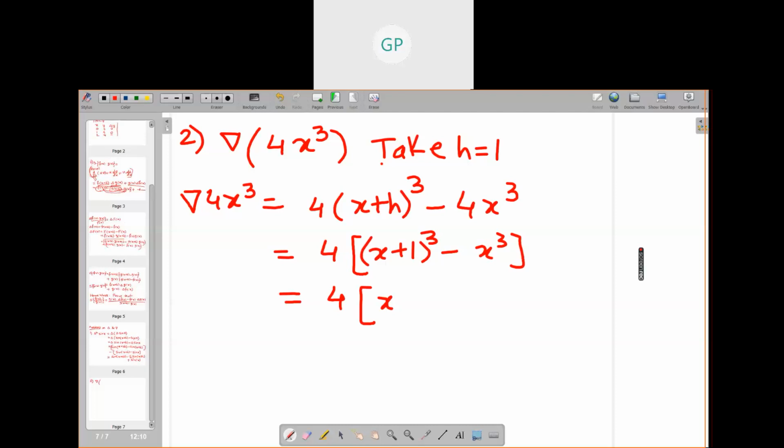Somebody except Vipashini tell, what is x plus 1 the whole cube? Do I have to take the names? Then only you will answer.